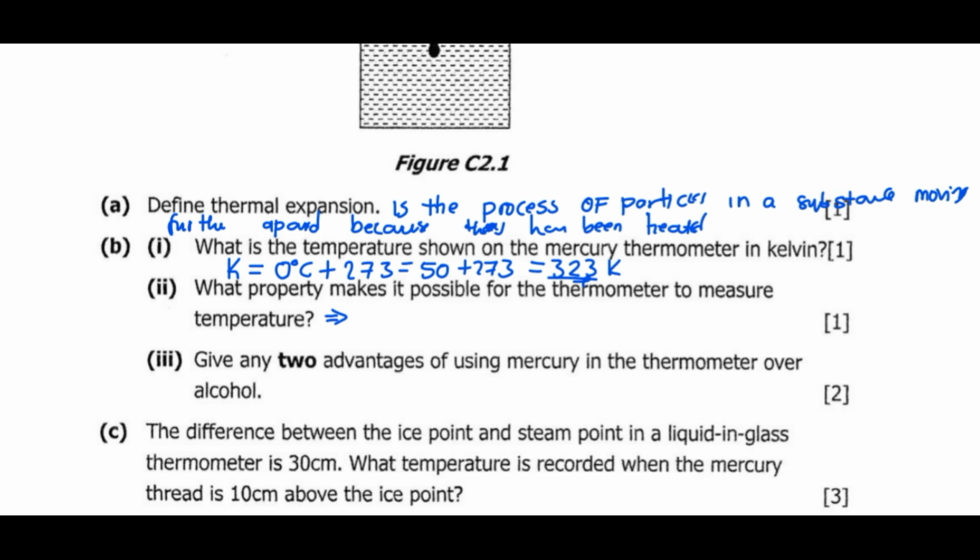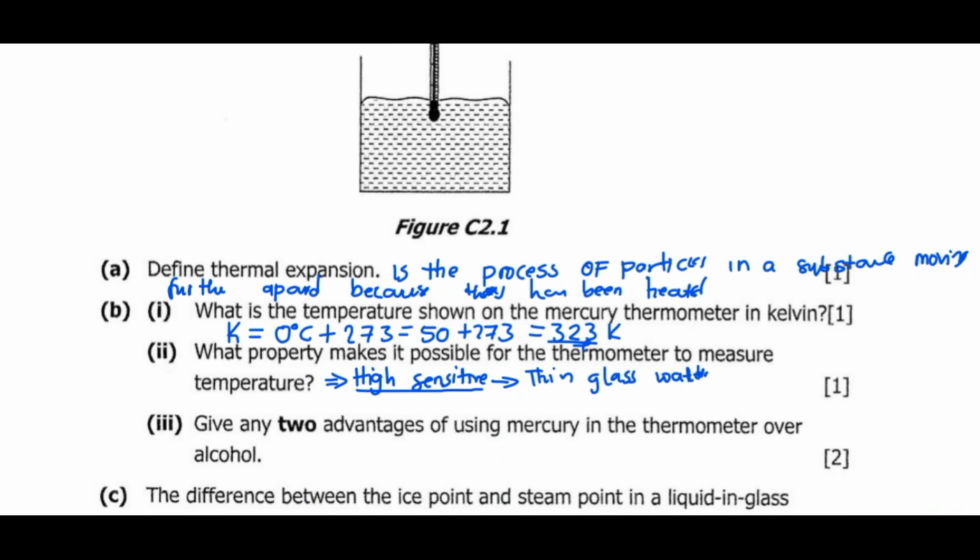You know that mercury responds quickly to change in temperature, so high sensitivity. What can make a thermometer like this? You can see the thin glass wall, or also the presence of a bulb can work there.